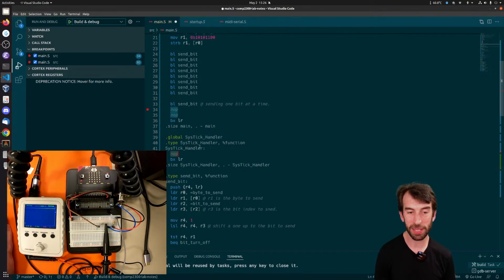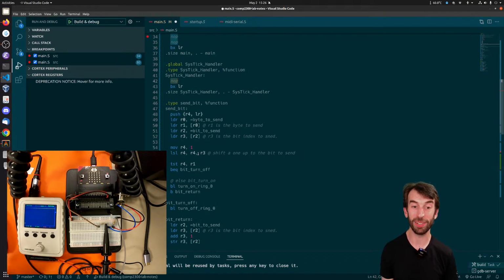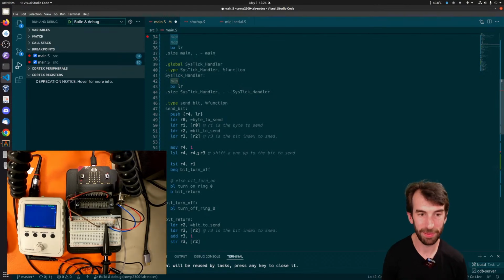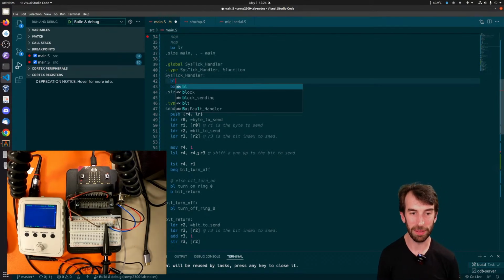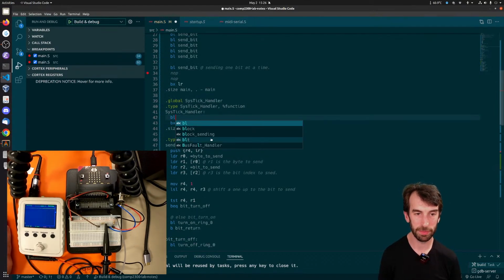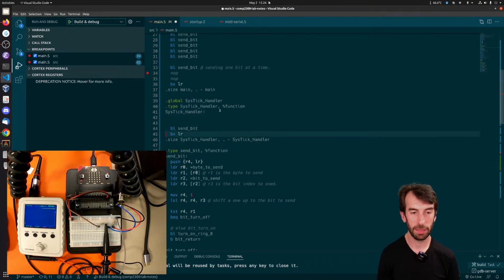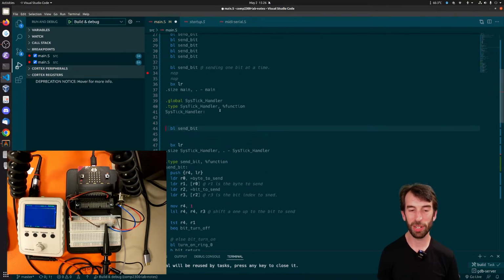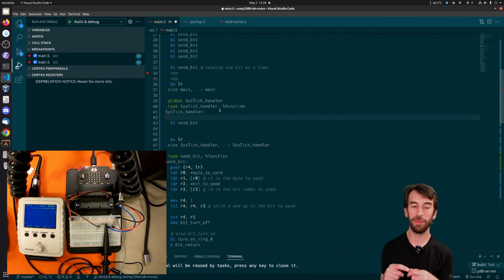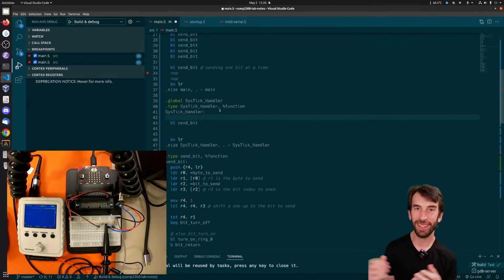Okay, so every time my systick fires, it's going to see if it needs to send a bit. Try sending a bit. But I actually don't want it to send a bit if the bit to send is outside of our regular number.